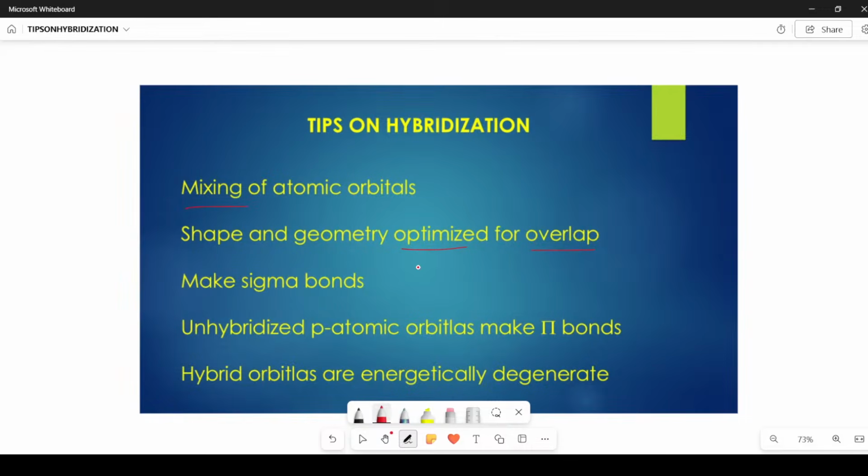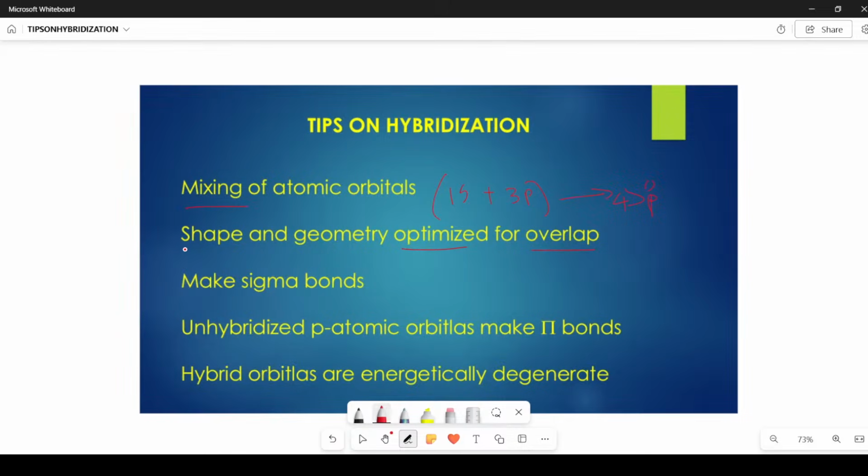So if you have one s, for example, plus 3 p orbitals, it would generate 4 sp3 hybrid orbitals. So the number of atomic orbitals combined produces the same number of hybrid orbitals. That's also one thing you need to remember.